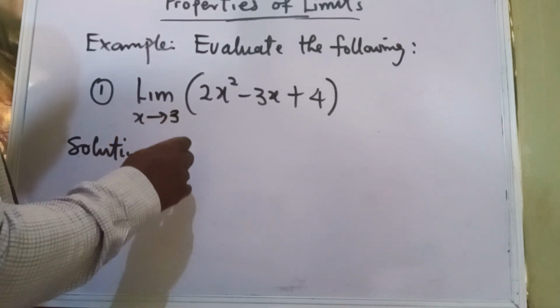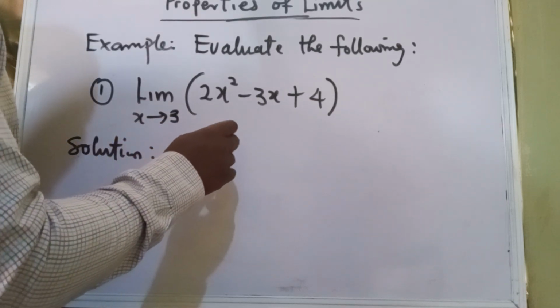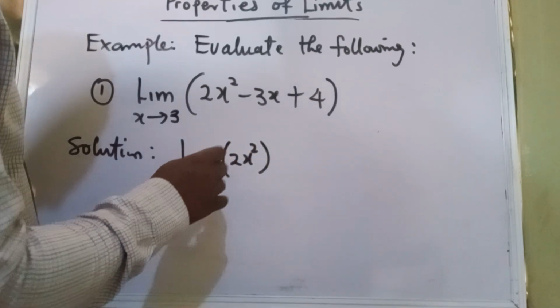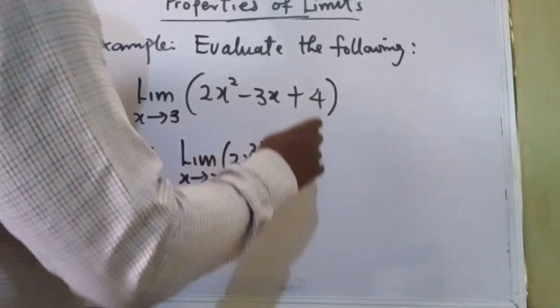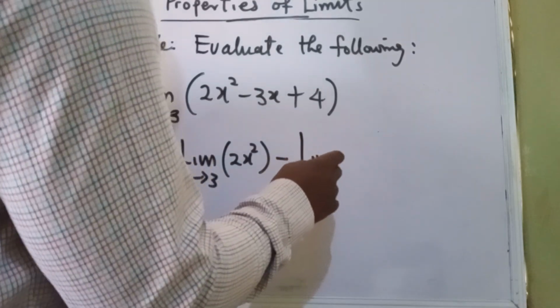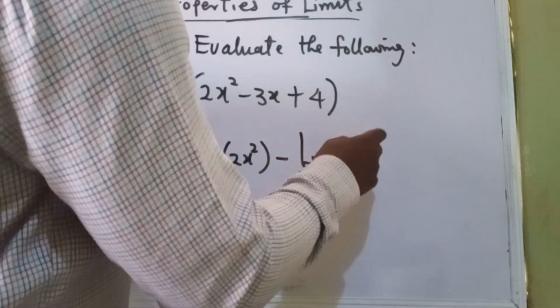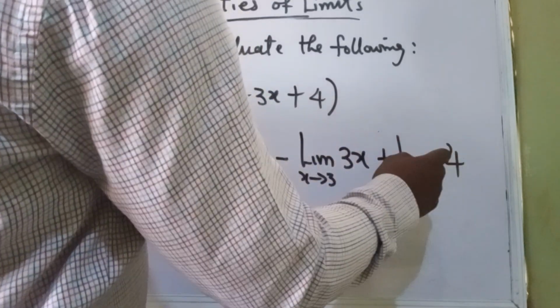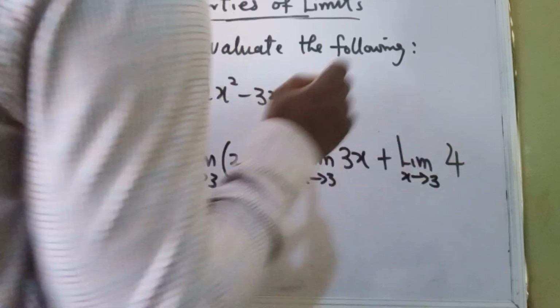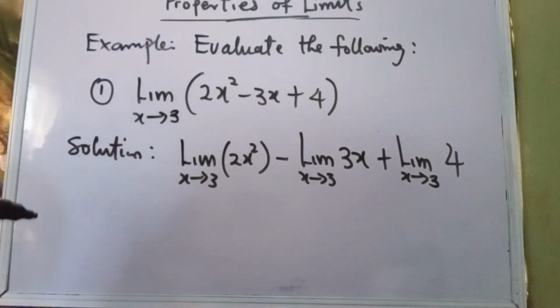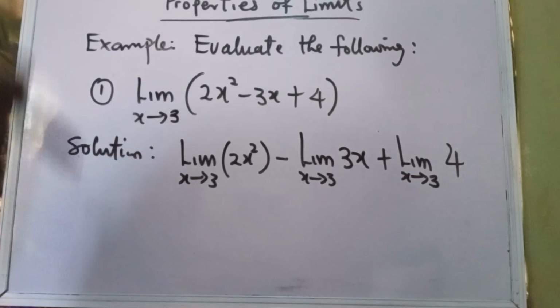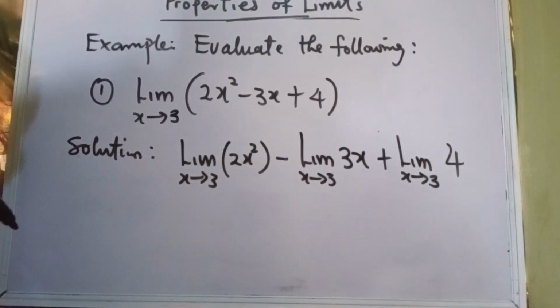So this will be the limit of 2x squared as x tends to 3 minus the limit of 3x plus the limit of 4 as x tends to 3. So what we have done here is that we have applied the first property, the sum and difference law.